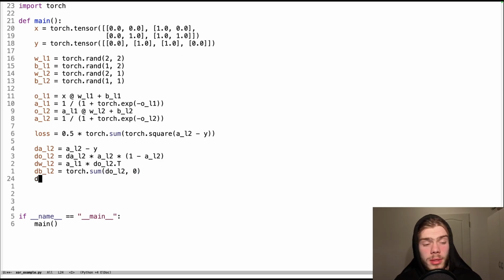So next up is the derivative of the loss with respect to the activations of layer 1, which we need to in turn calculate the partial derivatives of the loss with respect to all of the network's parameters of layer 1. And that is the derivative of the loss with respect to the output of layer 2 times the weights of layer 2 transposed.